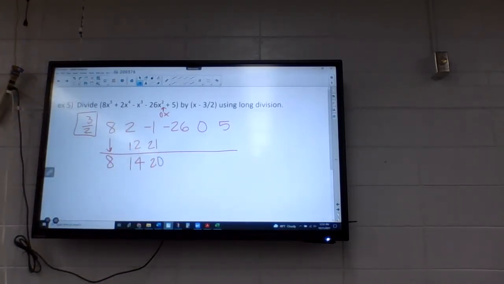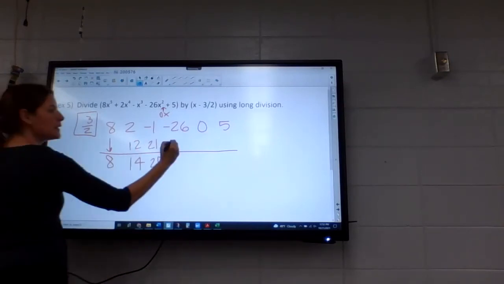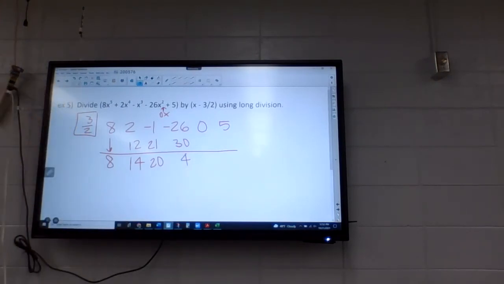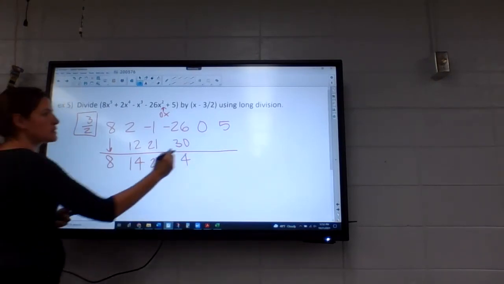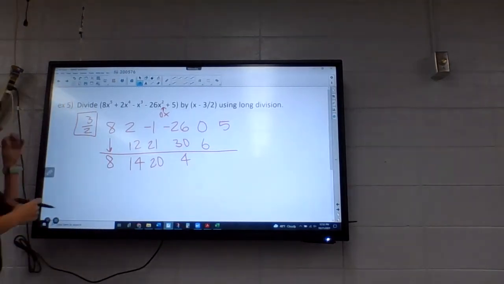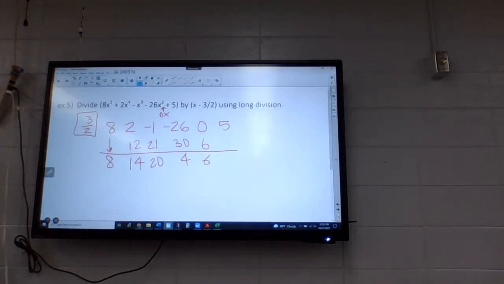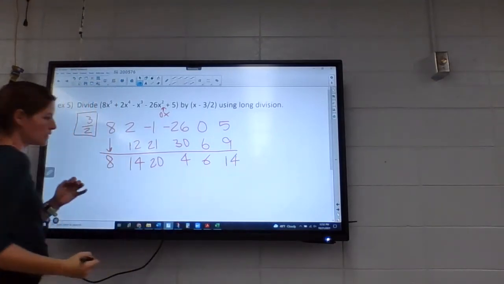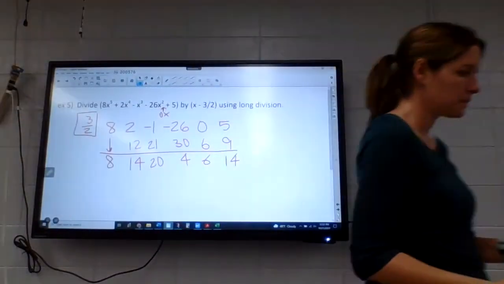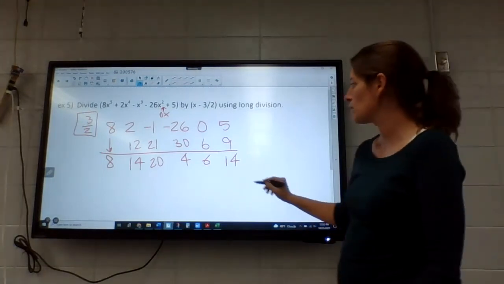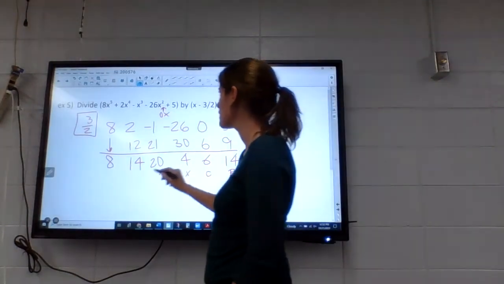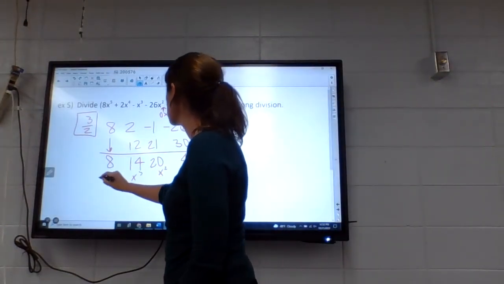All right, so 20 divided by 2 is 10, times 3 is 30. Divided by 2 is 2, times 3 is 6. Six divided by 2 is 3, times 3 is 9. So this is our remainder, constant, x squared, x to the third, x to the fourth.